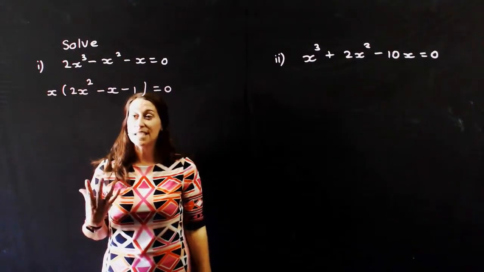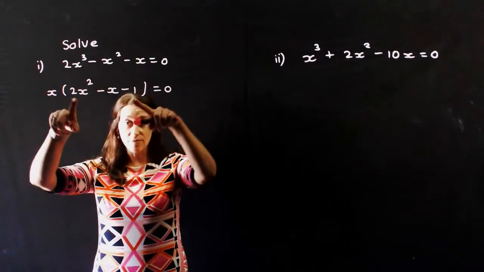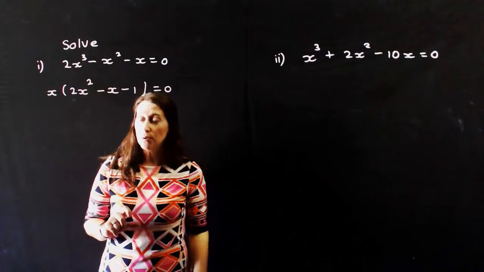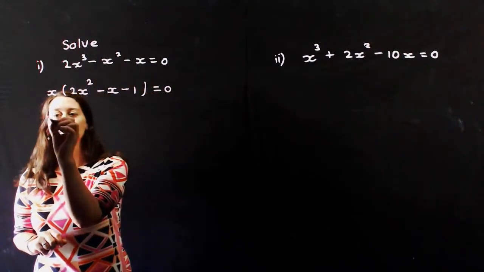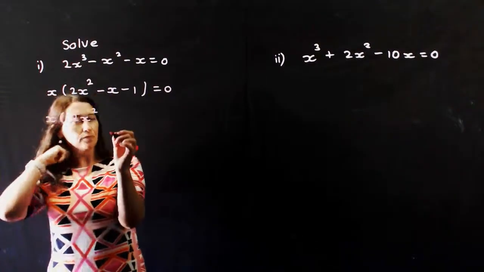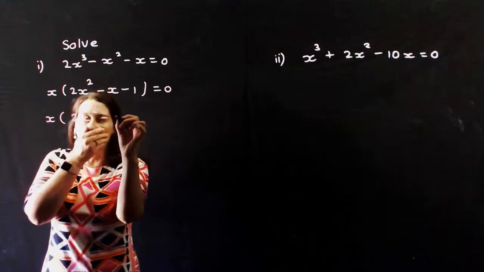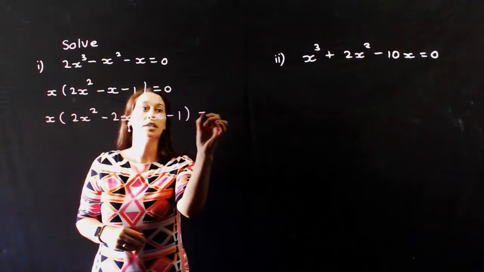That then means all I've got to do is factorise the quadratic if it factorises. Looking at that, I can see I can do factorising by grouping because I can multiply the a and the c together, minus 2, and I can think of two factors that also add together to make the minus 1. So if I do that, I get 2x squared minus 2x plus x minus the 1 equals 0.